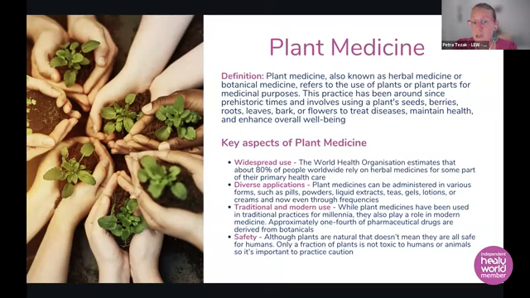It refers to the use of plants or plant parts for medicinal purposes. This practice has been around since prehistoric times, since we've known to be alive, and it involves using plant seeds, berries, roots, leaves, bark, or flowers to treat diseases, maintain health, and enhance overall well-being.